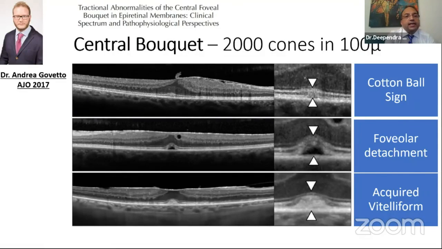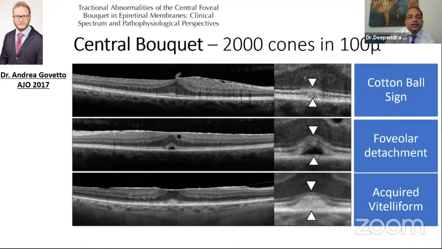Another important finding which this group brought to our notice was tractional abnormalities that happen at the foveola, and they have described 3 peculiar signs. One is the cotton ball sign, where you get a hyper reflective ball-like appearance in these cases with VMT at the fovea, and then there can be a foveolar detachment, and sometimes full-fledged vitelliform deposits can also occur.